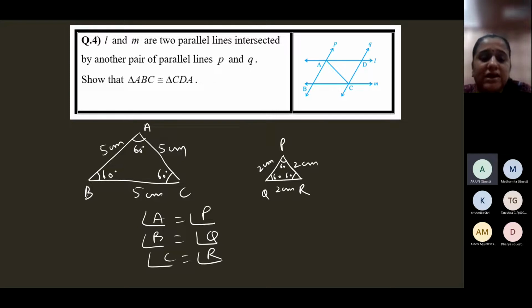But see here, angle A is equal to angle P, angle B is equal to Q, C is equal to R. So if AAA is a valid congruence rule, then by the AAA congruence criterion, these two triangles are congruent to each other. But are they congruent? Are they identical?